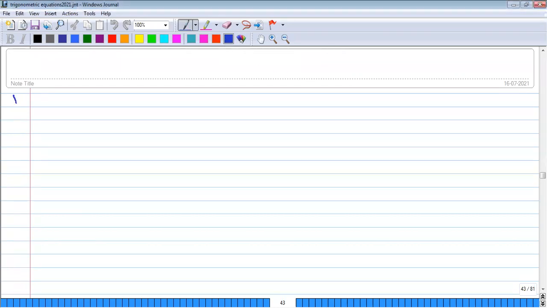Fifth question. 2 sin square theta is equal to sin theta, where theta belongs to open 0 comma pi. It is not equal to 0, it is not equal to pi, in between 0 comma pi. Okay, let us solve it now.